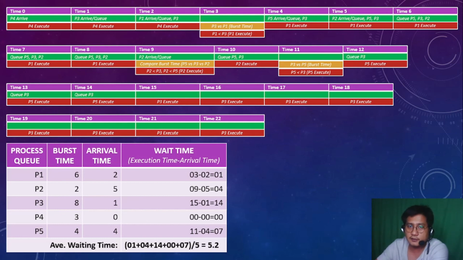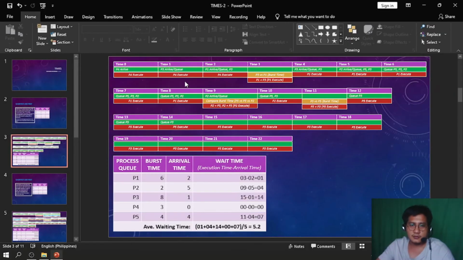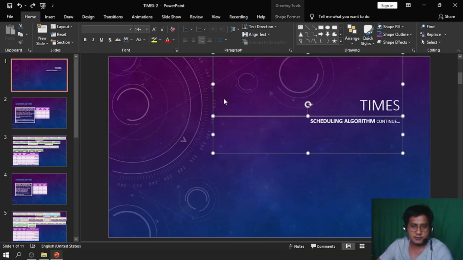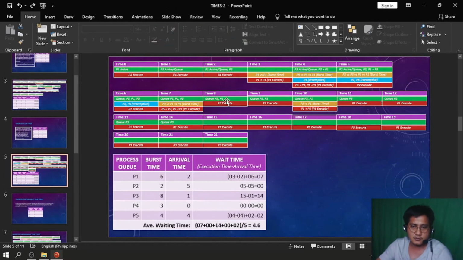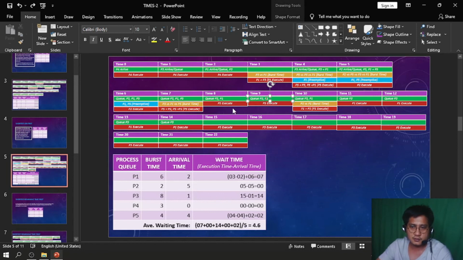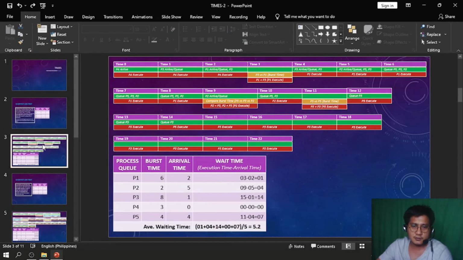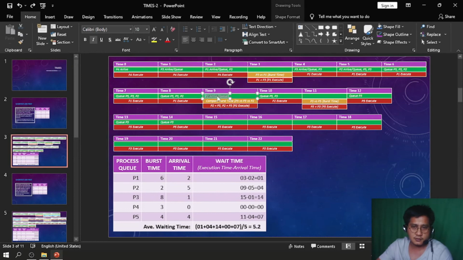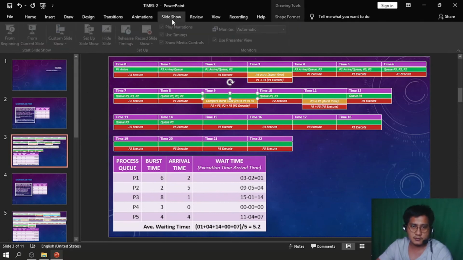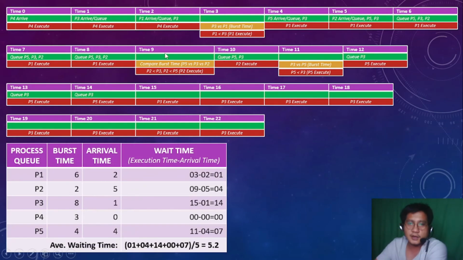Now, since P1 has already finished its execution at time 8, at around time 9 we have to compare the burst time of P5 versus P3 and P2.